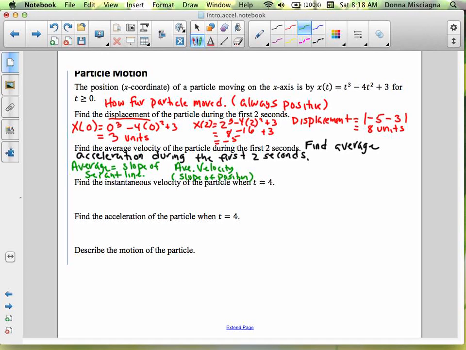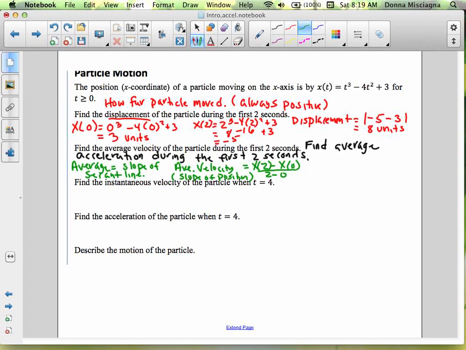I need more space. There's so little space here. During the first 2 seconds, we're going to take x of 2 minus x of 0 divided by 2 minus 0. That would be average velocity.